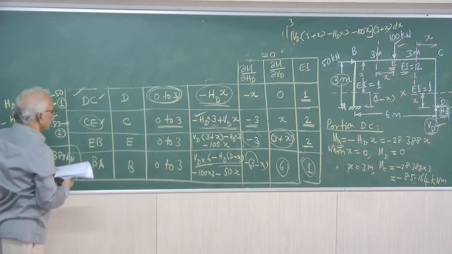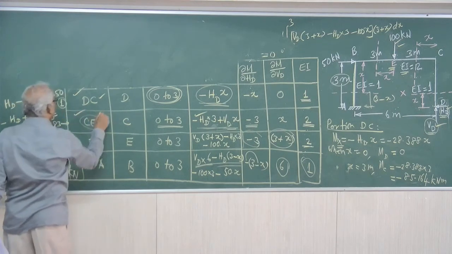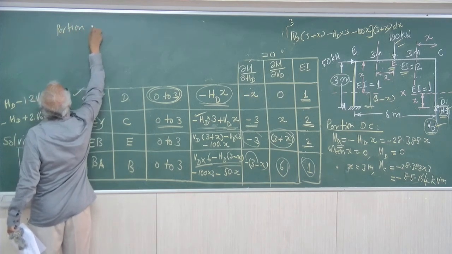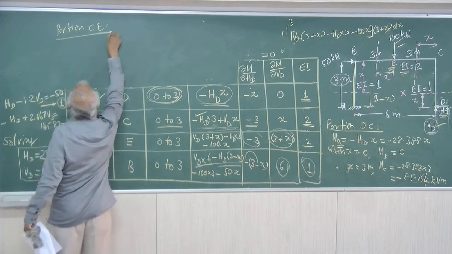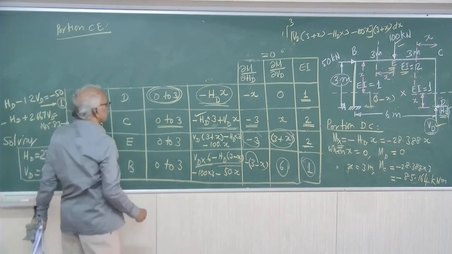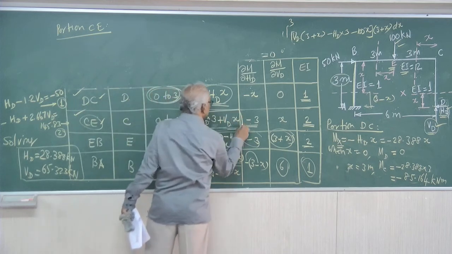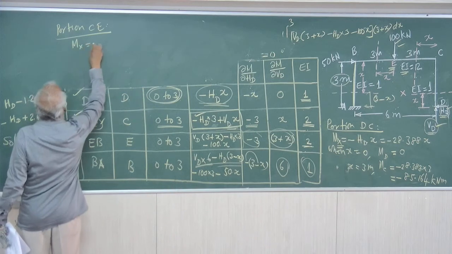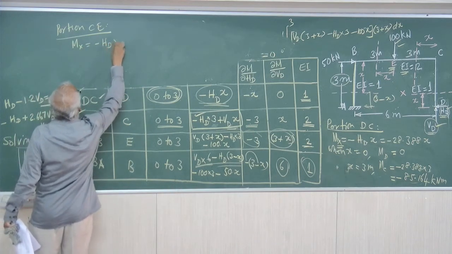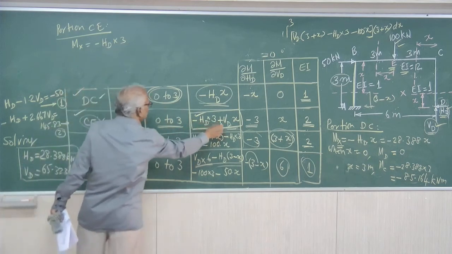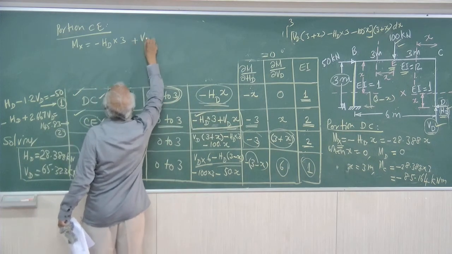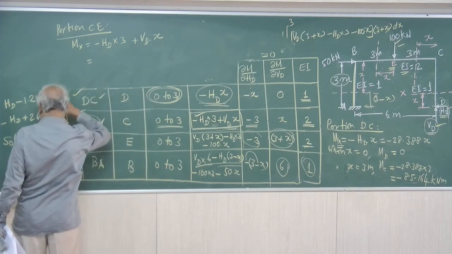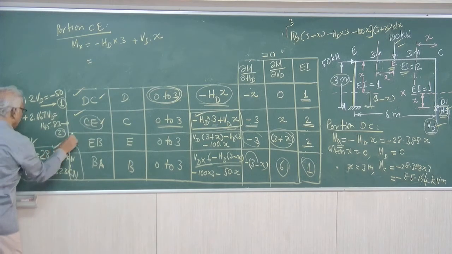Right. Now, we will take the portion CE. For the portion CE, the equation will be this. Mx equal to minus HD into 3 plus Vd into X. So, here we can substitute the values of HD equal to 28.388.